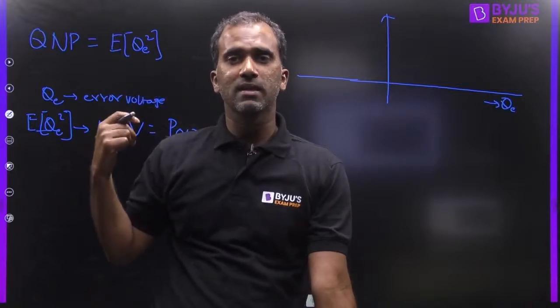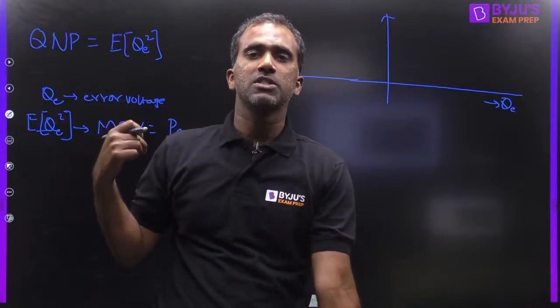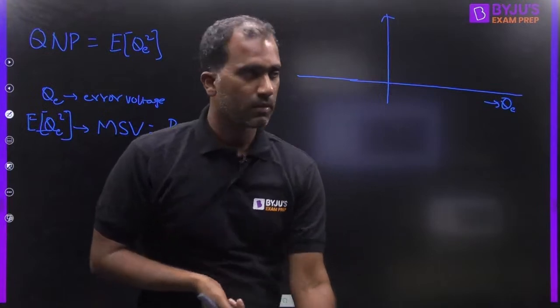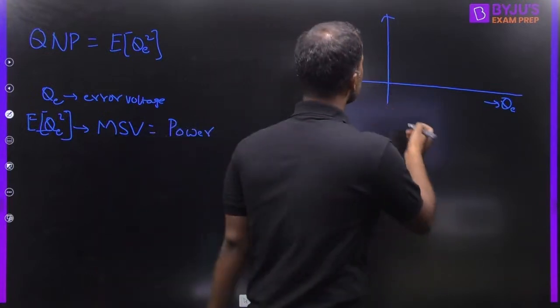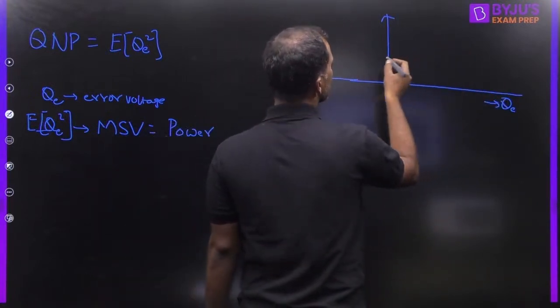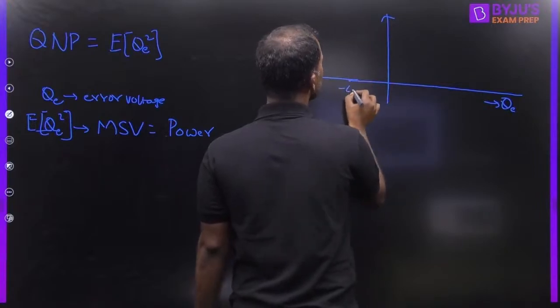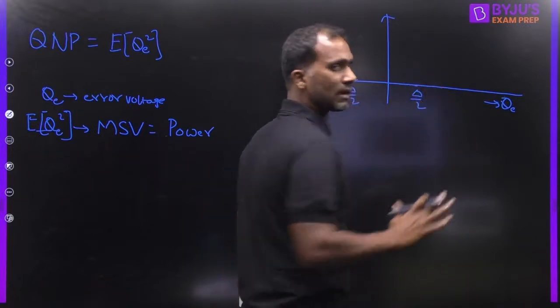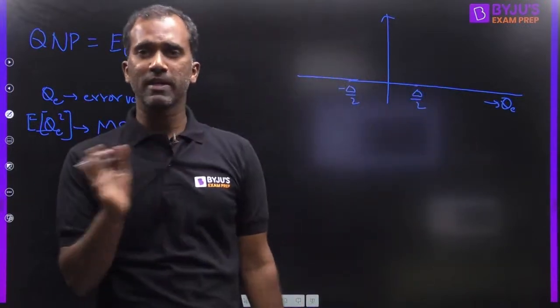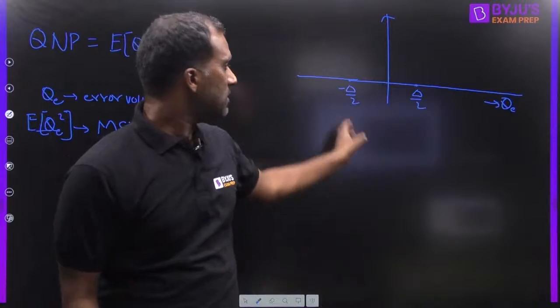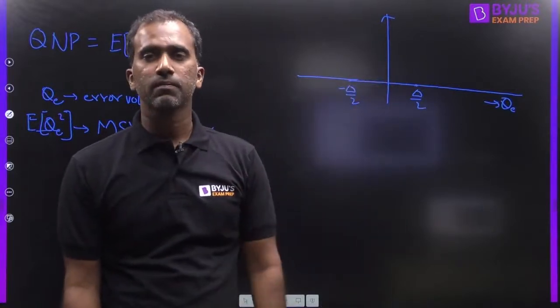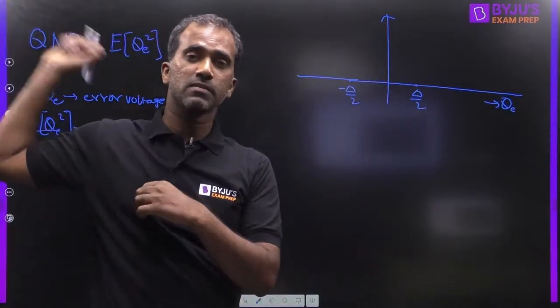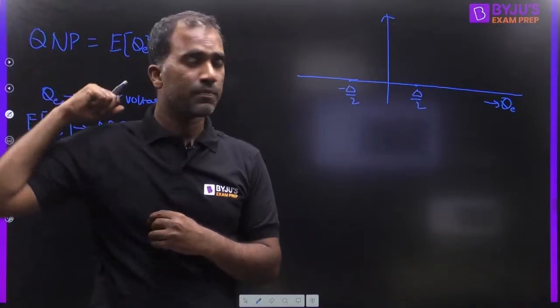The input to the quantizer, whatever PDF it has, quantization error also will have the same PDF. Quantization error voltages range from minus delta by 2 to plus delta by 2. What is the shape of the PDF? It can be any shape, decided by the PDF shape of x.